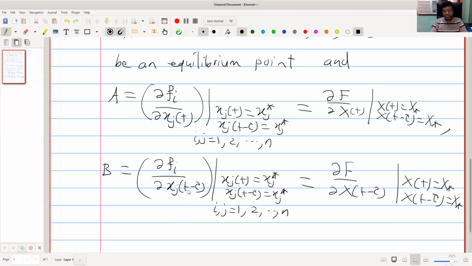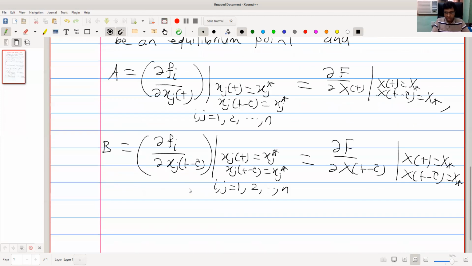If we define these things, then we can provide the linearization of the given system.